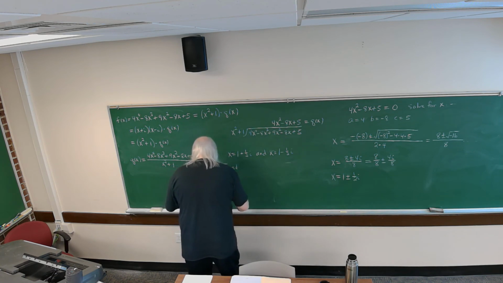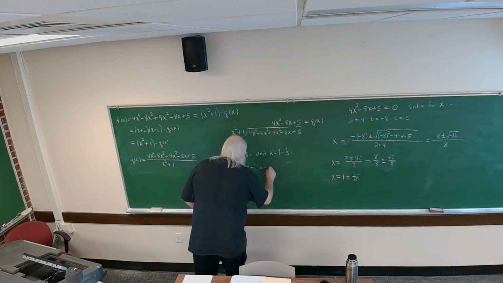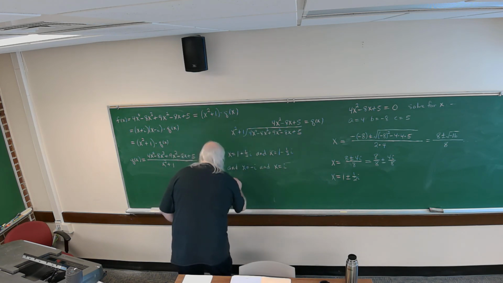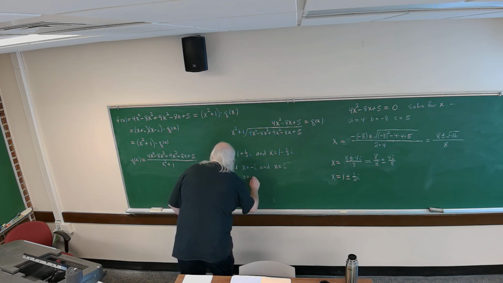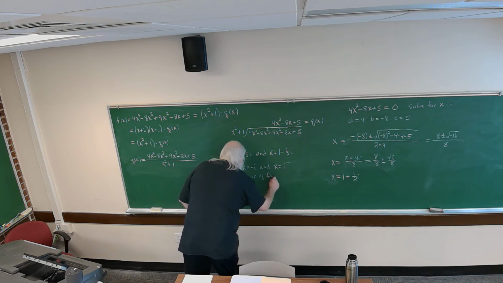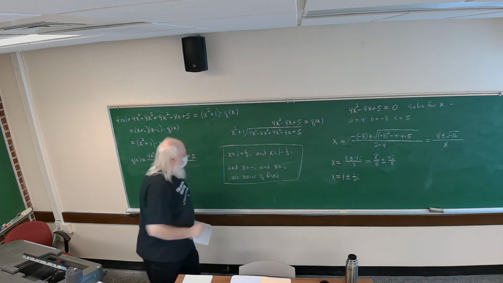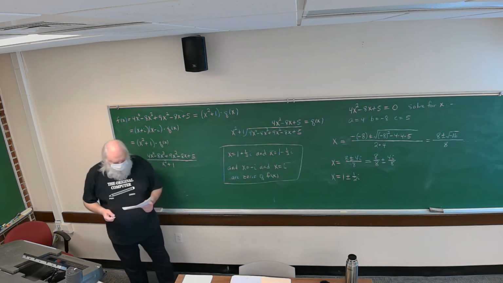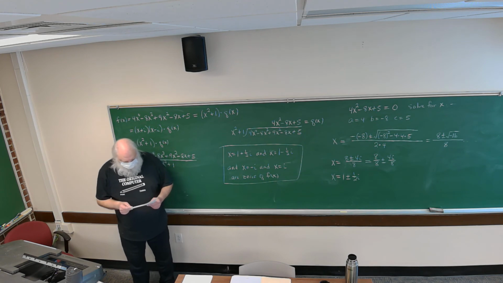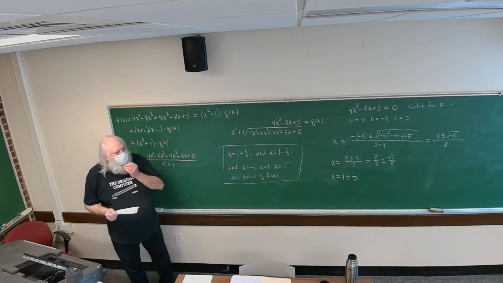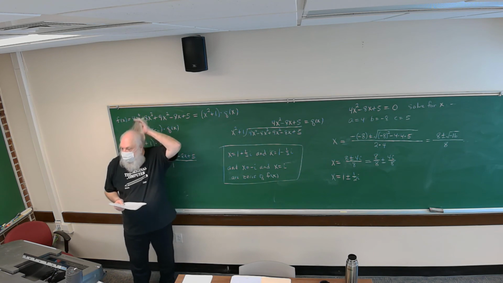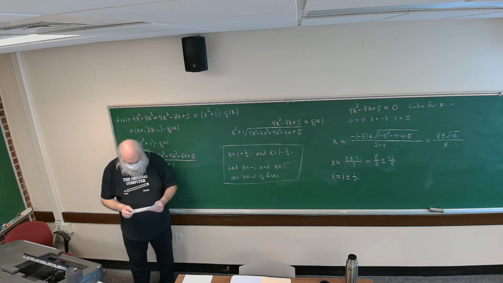And let's write out the other two as well. x equals minus i, and x equals i are zeros of f of x. Okay, those are the 4 zeros. Any questions on that? Okay.